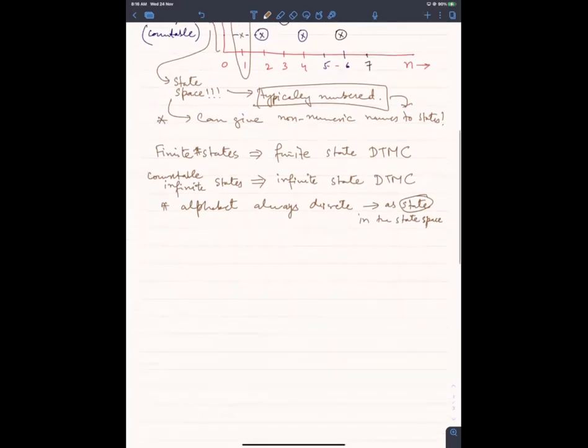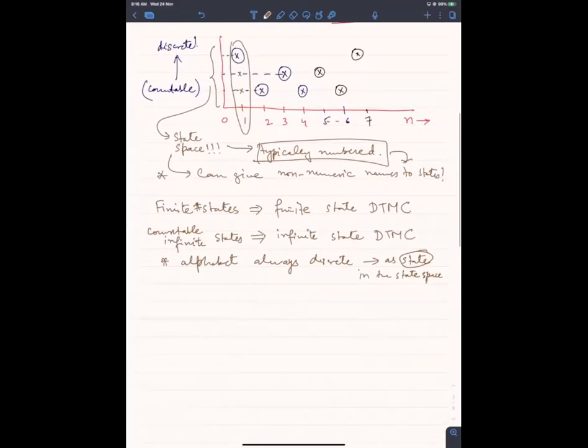Okay. A property of the discrete time Markov chain, and also for the continuous time Markov chain, is that it is a Markov process. Markov chain is a Markov process.